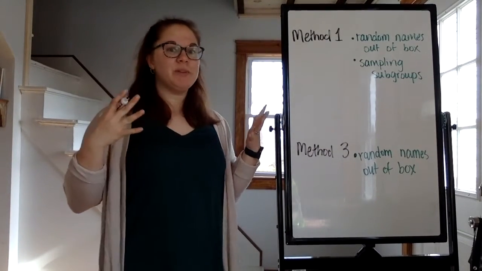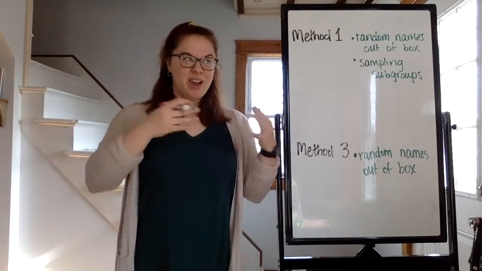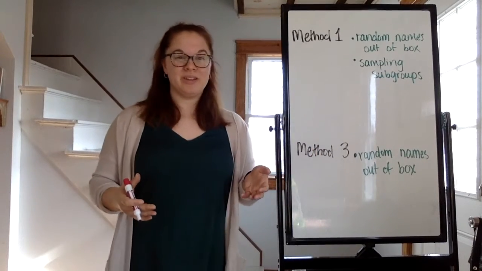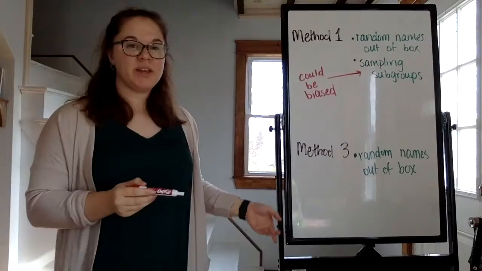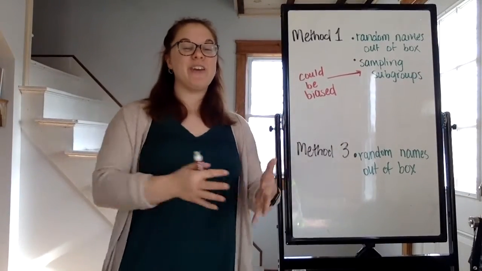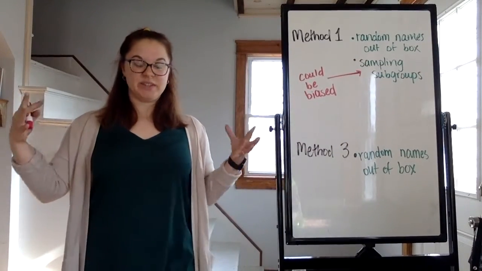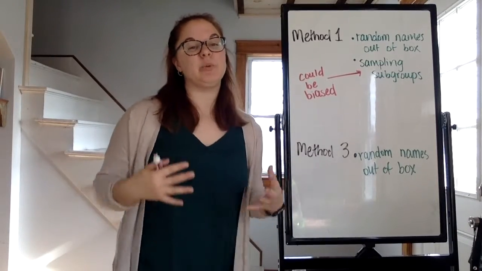However, if there were people that didn't identify as male or female and they didn't get put in either box for their names to be drawn out, that's not a random sample. It's important that when you're creating subgroups, you're making sure they're not biased. You're making sure that everybody fits into one subgroup, so that everybody has an equal chance of being picked.